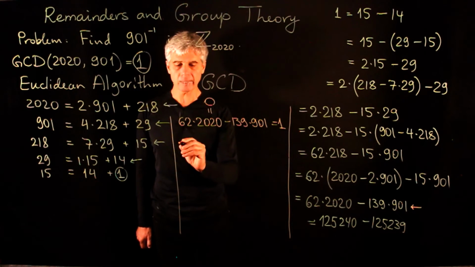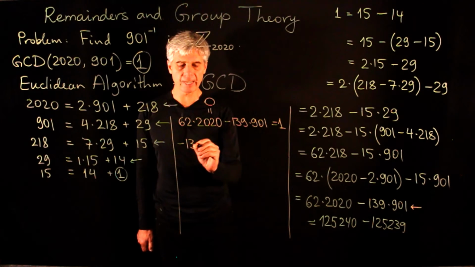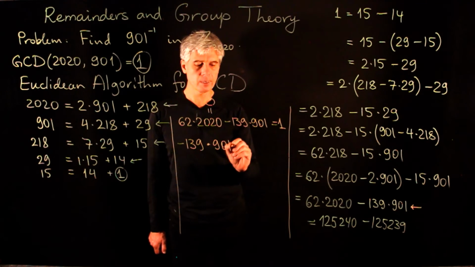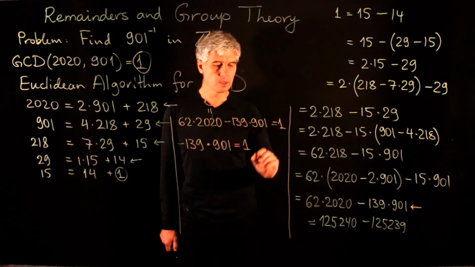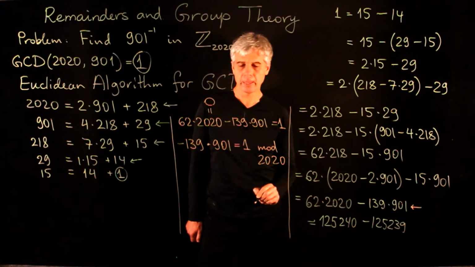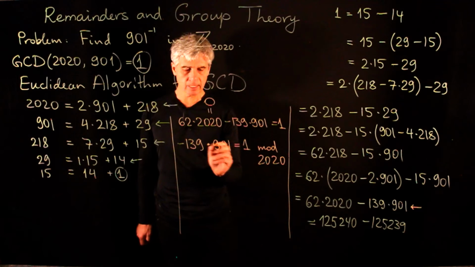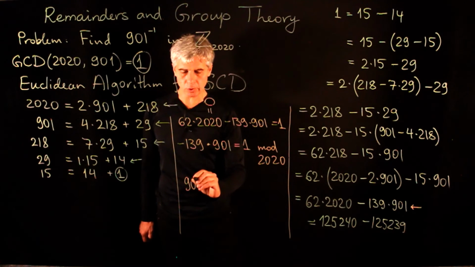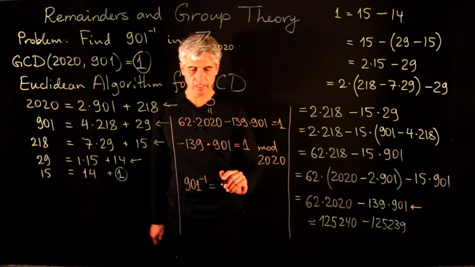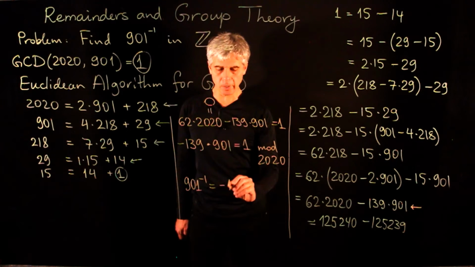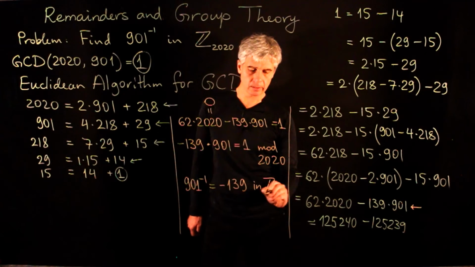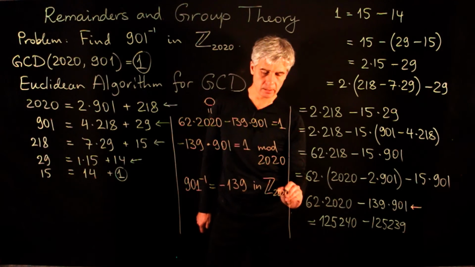And so what we get is minus 139 times 901 is equal to 1 mod 2020. And so this tells us that the multiplicative inverse of 901 is equal to negative 139 in Z 2020.